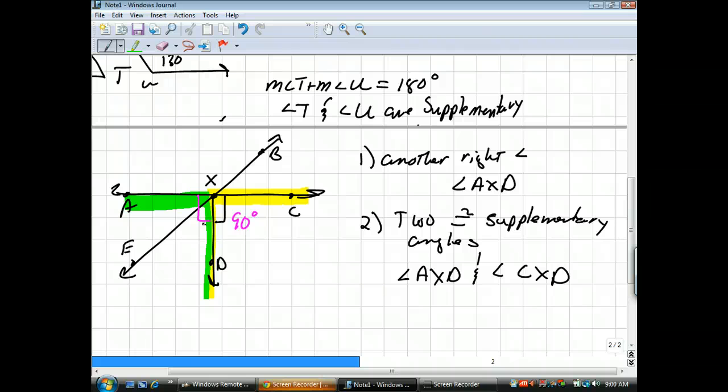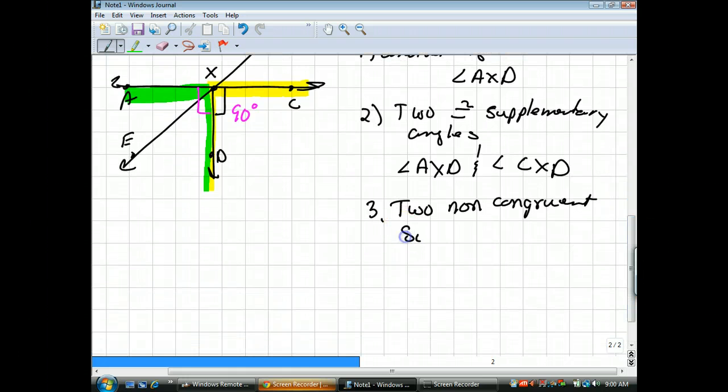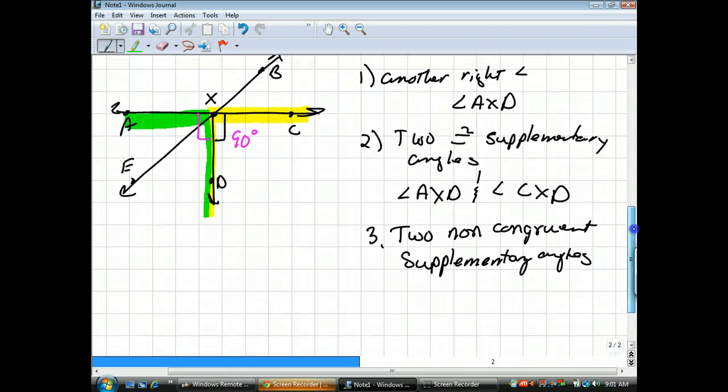Right? So now, name two non-congruent supplementary angles.